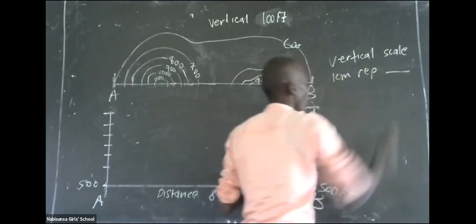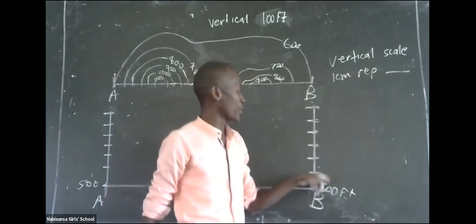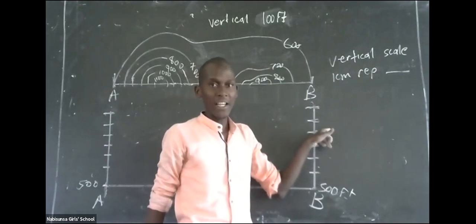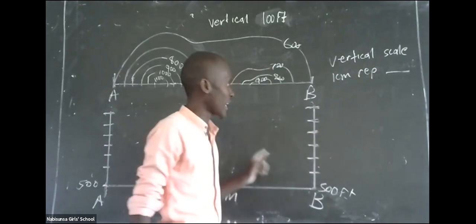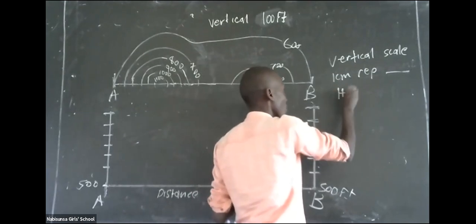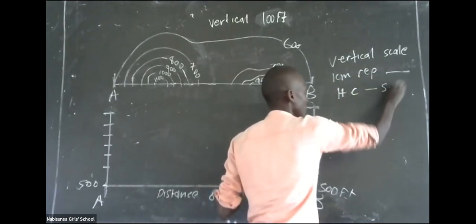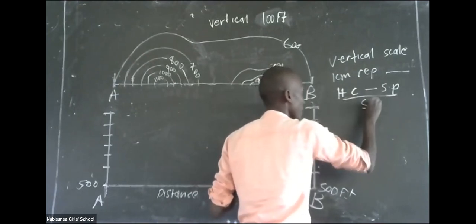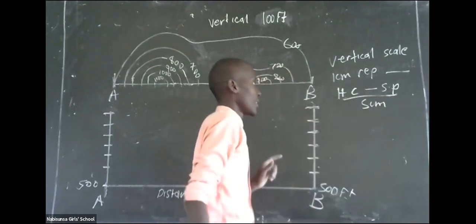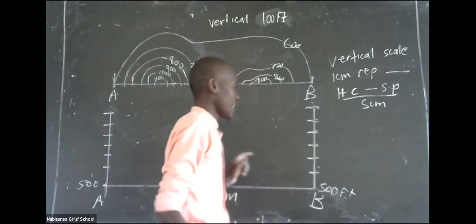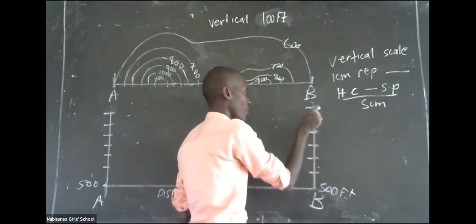We want to know which number we are going to go on adding here. How do we get it? This is how we get it. We get the highest contour minus the starting point. We divide by 5 centimeters. Are you getting it? 1, 2, 3, 4, 5.